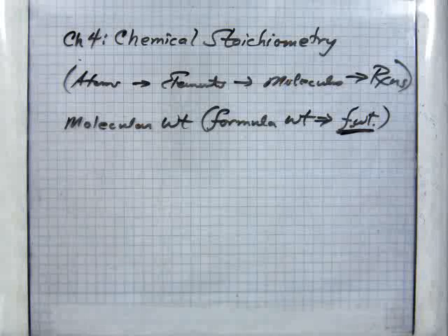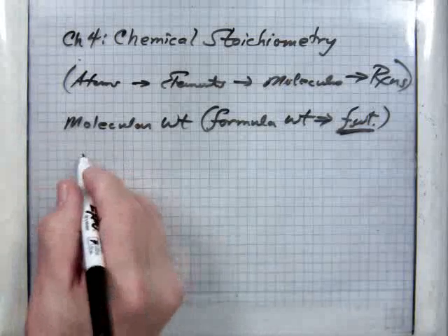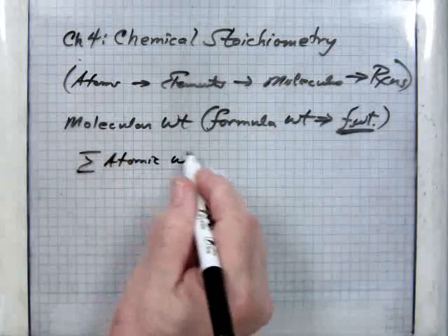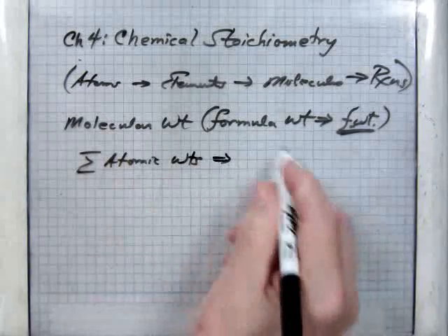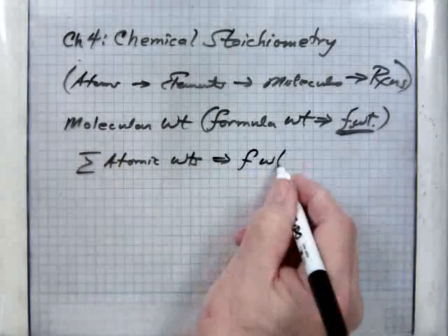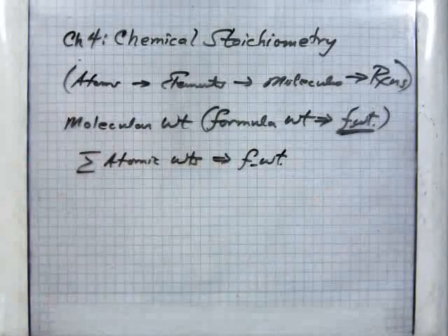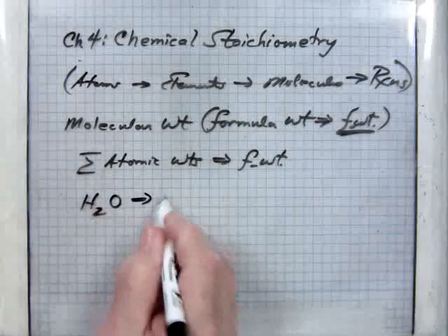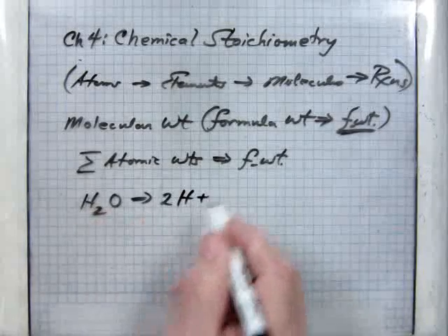And it means it's the molecular weight or the formula weight that is given. And it's obviously the sum of all the atomic weights gives the formula weight or molecular weight. And this is easy to understand. H2O, for example, is 2 hydrogens plus oxygen.